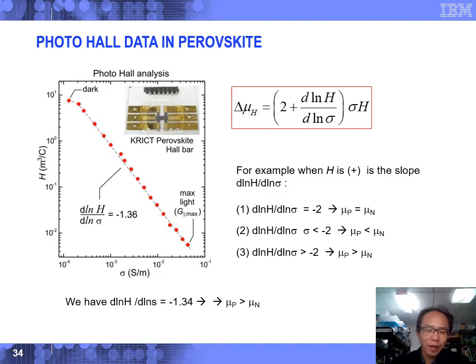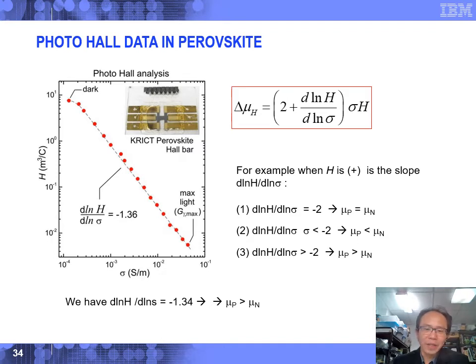First of all, we perform this photo Hall measurement on a champion perovskite material, and you can see the Hall coefficient and conductivity change from dark to maximum light intensity, spanning 3 orders of magnitude for conductivity and about 3.5 orders of magnitude in Hall coefficient. So they change a lot from dark to maximum brightness.